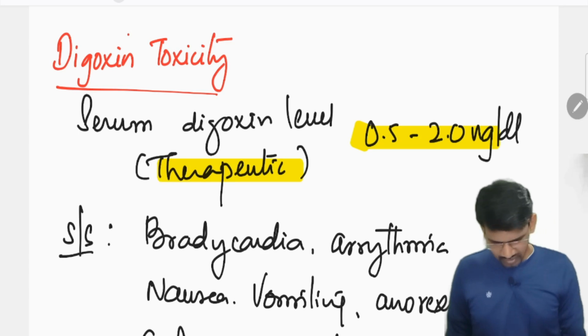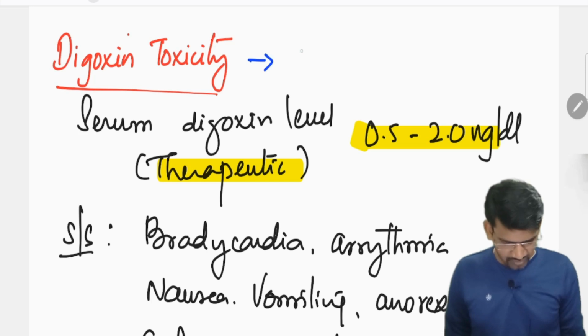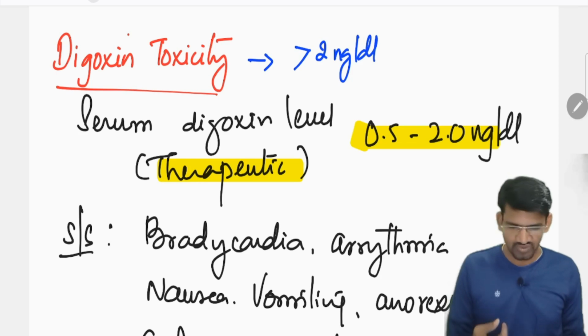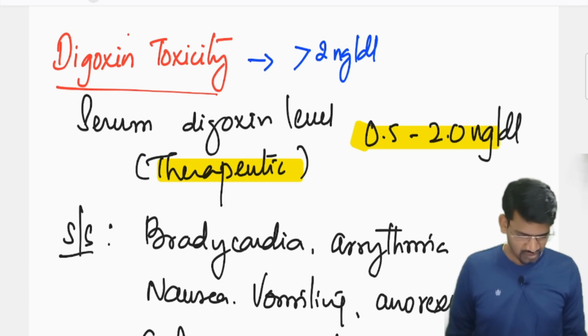If this goes more than 2, when do you call it toxicity? If it goes more than 2 nanograms per deciliter, then we call it digoxin toxicity.